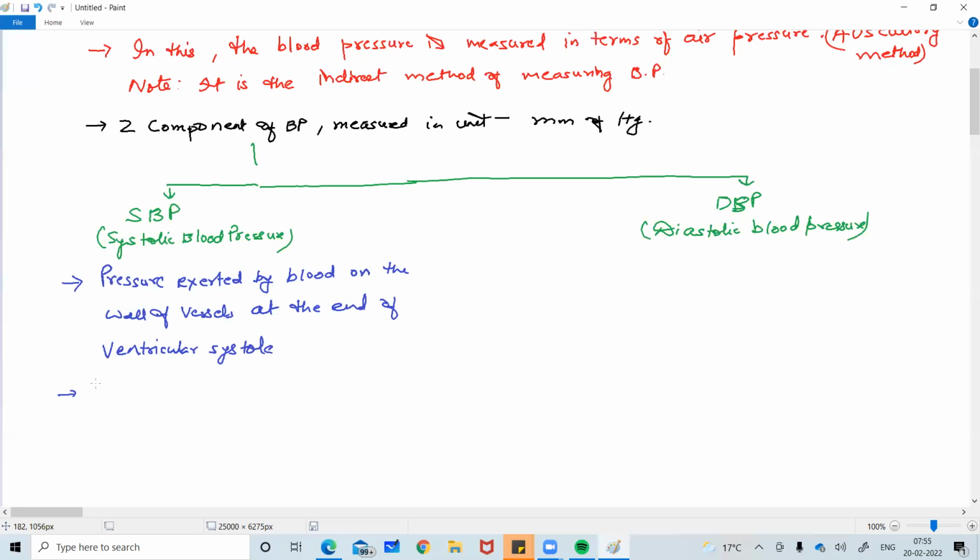Any idea what is the normal SBP in an adult? 120. Yes.